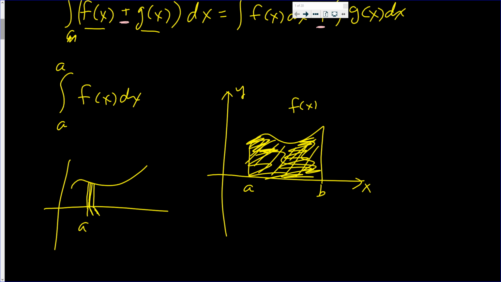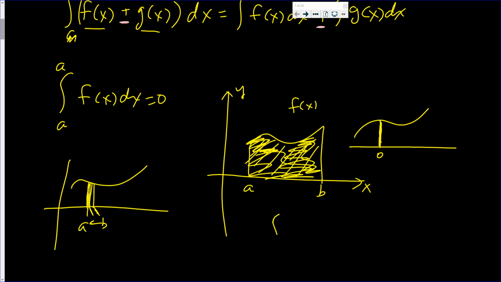Each of these have areas, they're getting smaller and smaller. But if b approached a, it's going to be 0. There is no area between this line and itself. You have a height, but the width is 0. So that integral is 0.